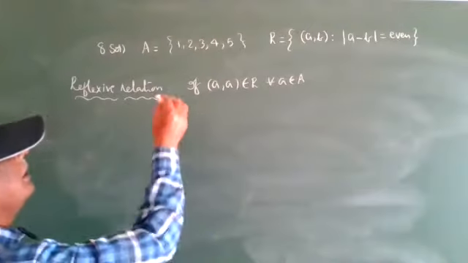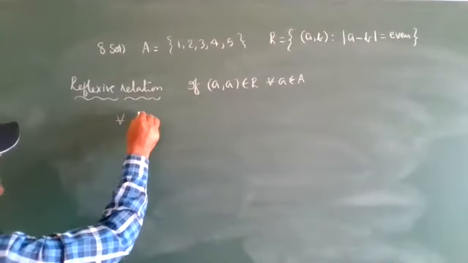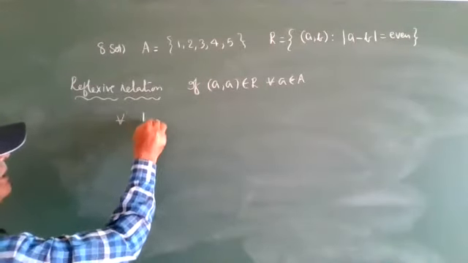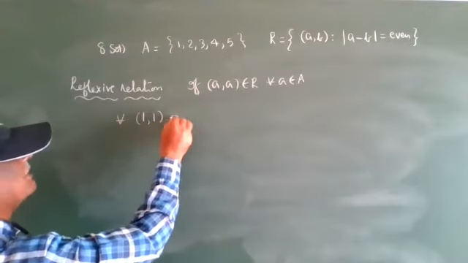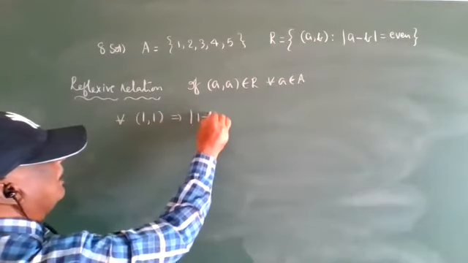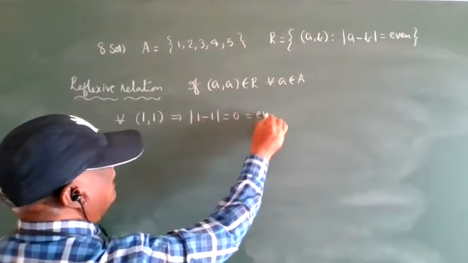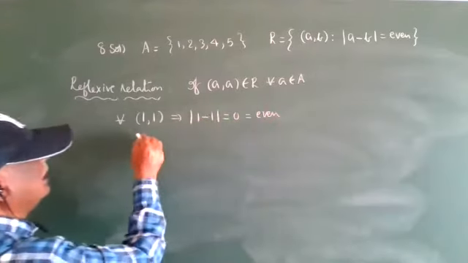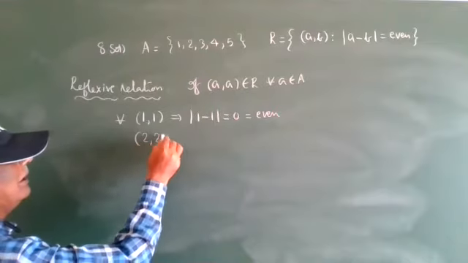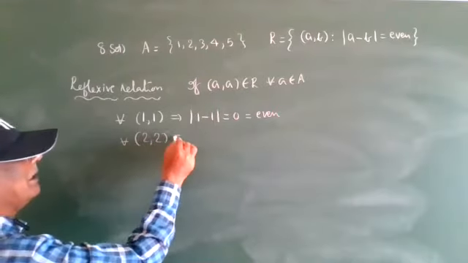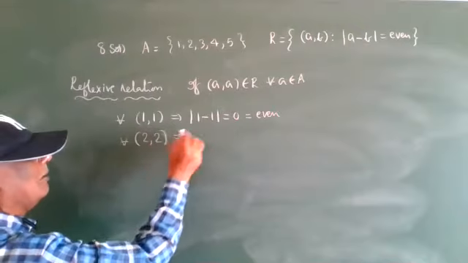Now see, I will take 1 as the element. By the definition, modulus of 1 minus 1 is 0, and 0 is an even number. Take 2 as the number; the same number we can take, (2, 2).